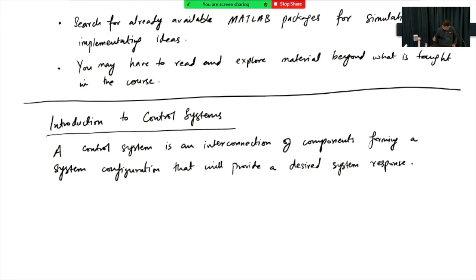Okay, so again, things here are still abstract because we haven't described what the system will be and what we mean by the system response. So to make this a little simpler, let's start with a couple of examples.